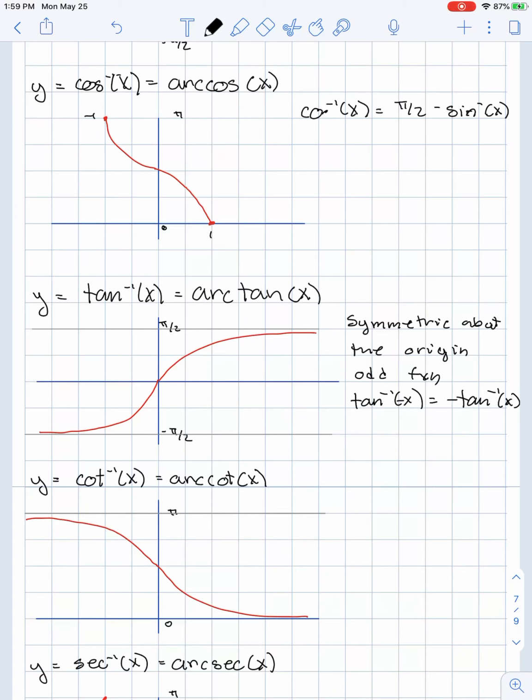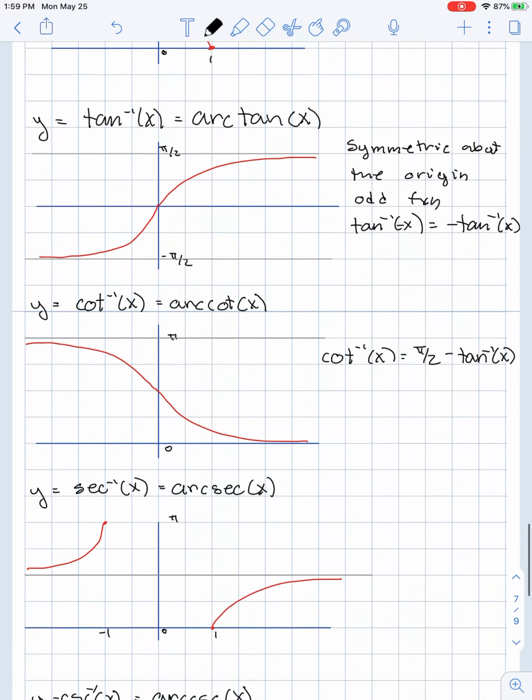And similar to cosine, cotan inverse, we can see by looking at our graphs, is also scaled the same way arccosine is. By that, it's pi over 2 minus tan inverse of x, or arctan. For arccotan, I can put in any number. I'm just going to approach pi and 0. I can never actually put out those numbers.